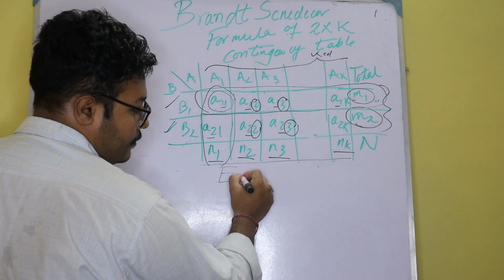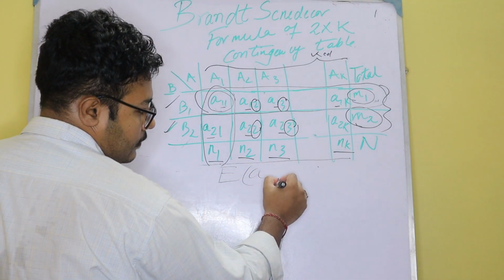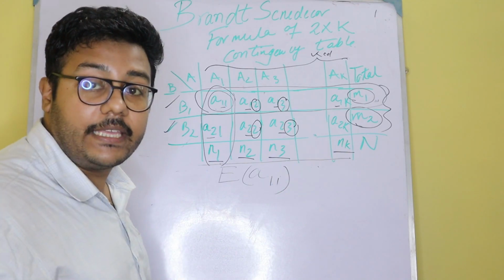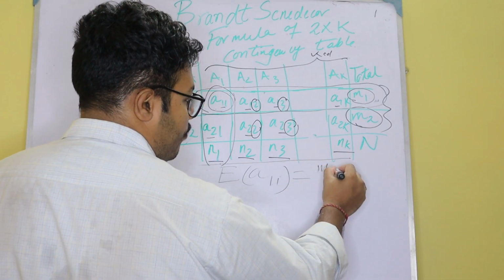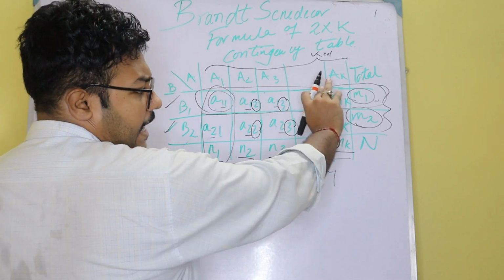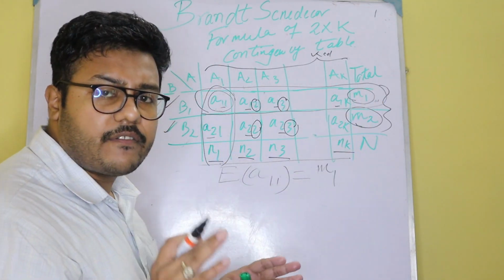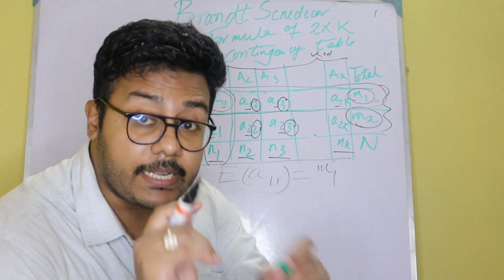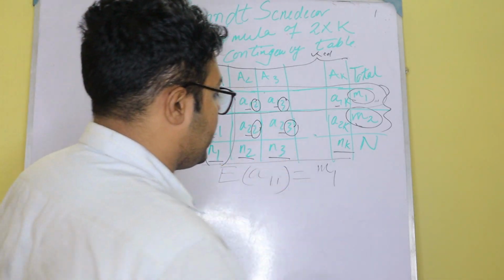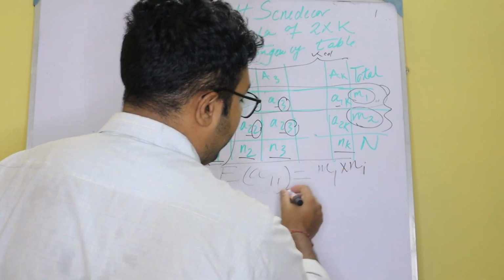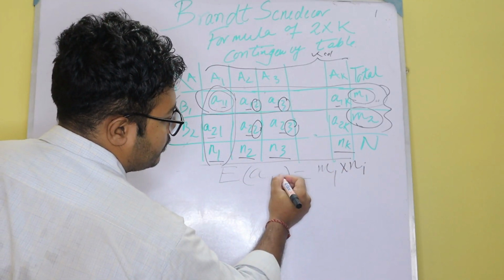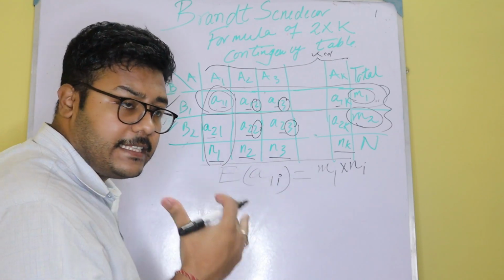Now see, if we are asked to find E of a1i, then what shall we do? m1 will remain constant because m1 is the sum of the first row, it will remain constant. But this n will change. So it will become ni. i will vary with this i.